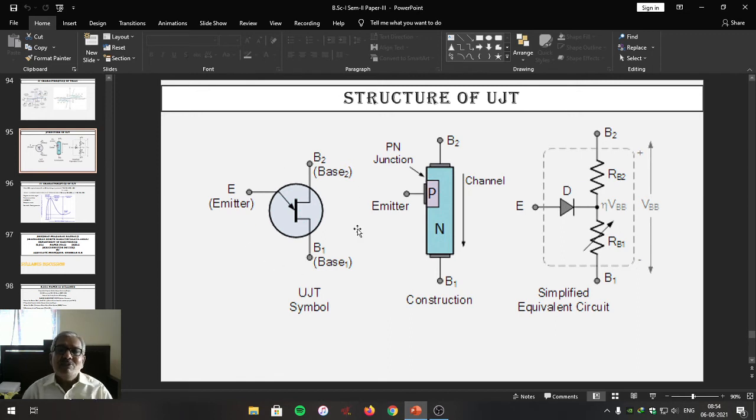Dear students, please do remember almost all the circuit symbols of the semiconductor devices we have studied, because the title of our paper itself is semiconductor devices.